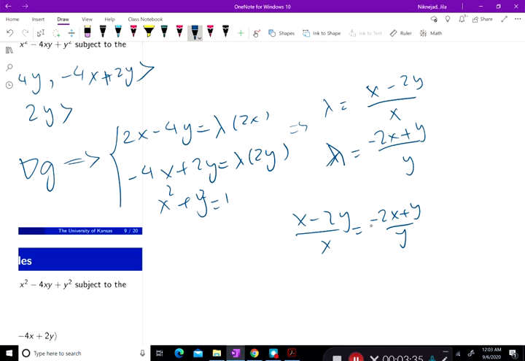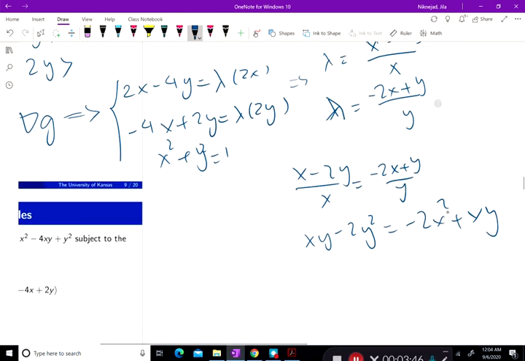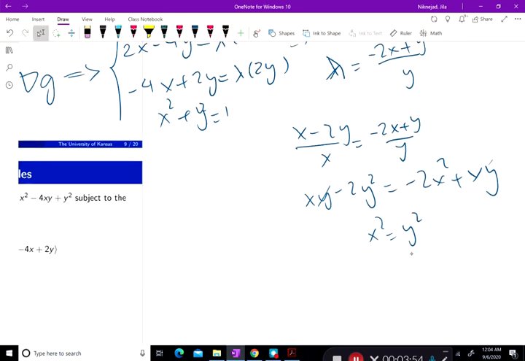And so the solving gives you xy minus 2y squared equal to negative 2x squared plus xy. Xy from both sides simplifies, and you get x squared equal to y squared. And from there you get x is equal to plus minus y.